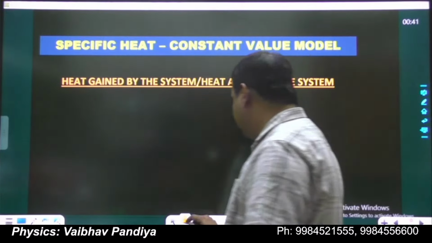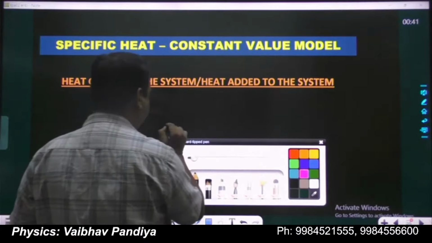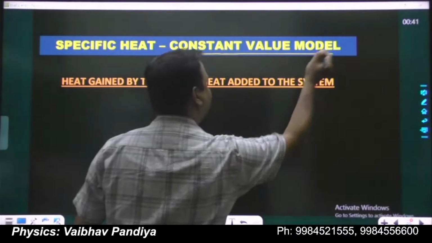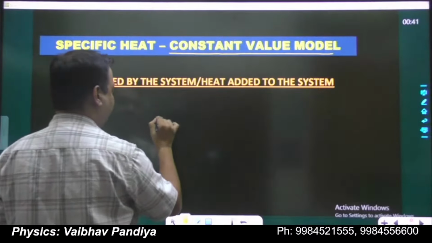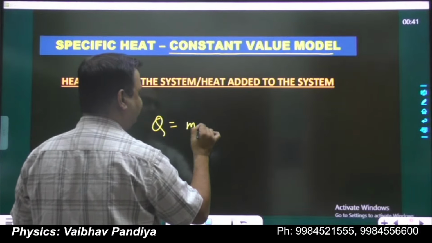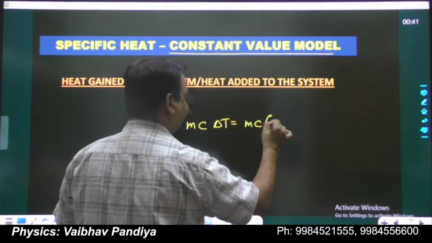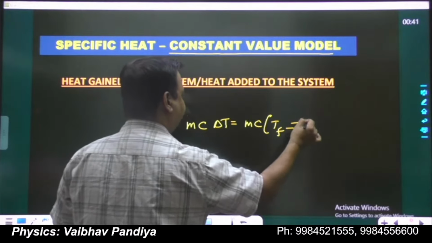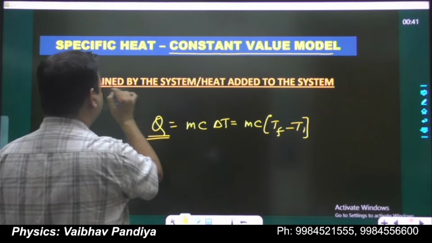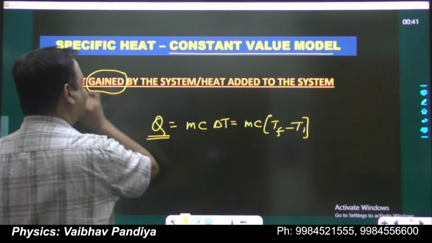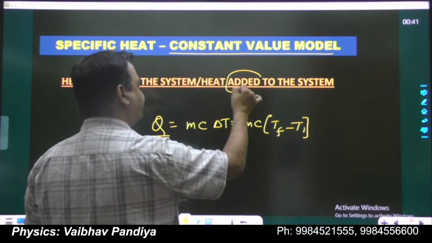So as I told you, the convention we are taking, we always apply when we have a constant value model of a specific heat. Q will be mass multiplied by specific heat multiplied by delta T, MC, and this is final temperature minus initial temperature. And this will denote what? The heat gained by the system or heat added to the system.